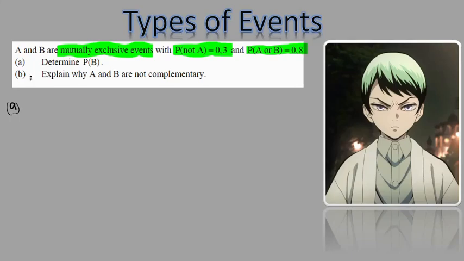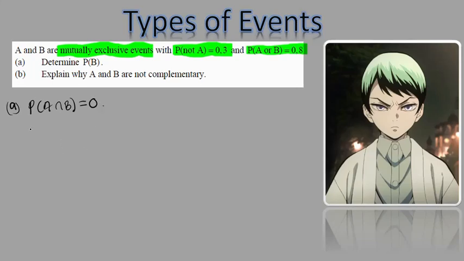So two events are mutually exclusive. Firstly, what do we know? For mutually exclusive events, they do not have an intersection, which means the intersection is 0. All set?